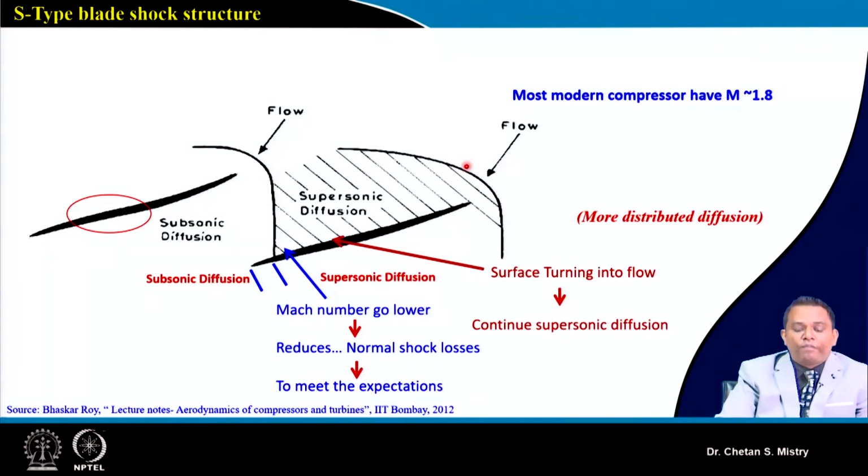So a whole lot of diffusion happens on my suction surface, and only a small region gives me subsonic diffusion, and this is our requirement for future blades. A whole lot of research and development activity has been going on for the development of such kinds of aerofoils for future need.